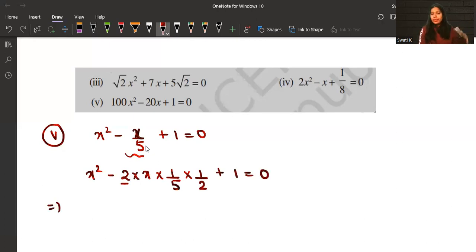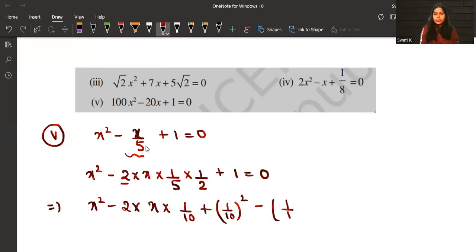Now let's make our b in this step. So a square minus 2ab, where 2 into a into b is 1 upon 10. So 1 upon 10 square, because this is our b square. To compensate, minus 1 upon 10 square plus 1 equals 0.